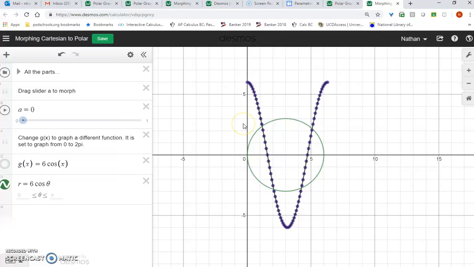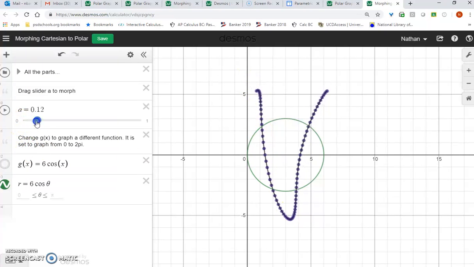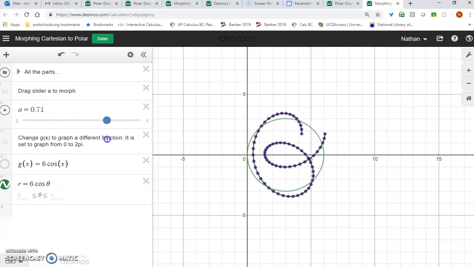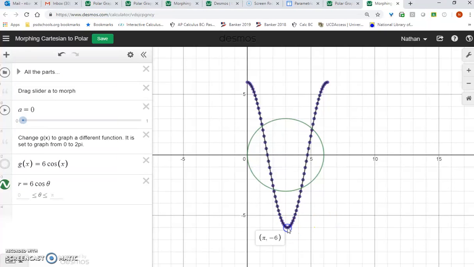So what pieces make a loop? Before I spin it, give me some pieces that make a loop. Which parts of this picture make a full loop? 0 to where? To pi. Okay, so now look at the collection of those dots there. And over here, this to there, those are going to make the second loop.